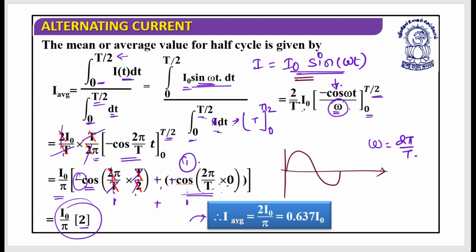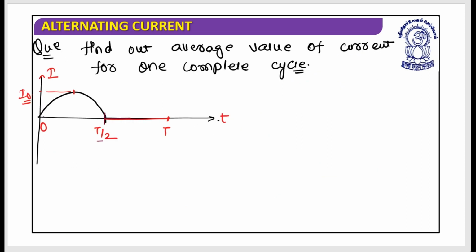It's a sine curve, starting from this and ending at this. We have already taken the average of this only. This is 0, this is t by 2, this is t. The same is the situation with me: I need 0 to t by 2, and from t by 2 to t the current is 0.